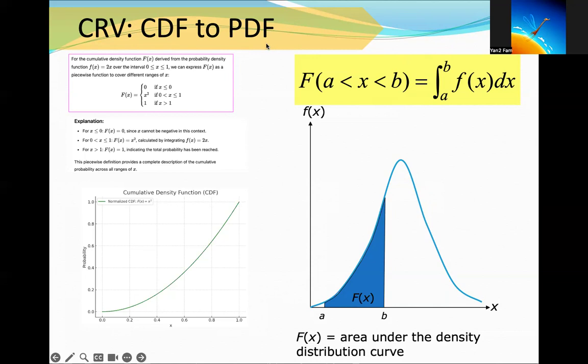If you want to find back the PDF, you differentiate the formula, and you can get the straight line back.